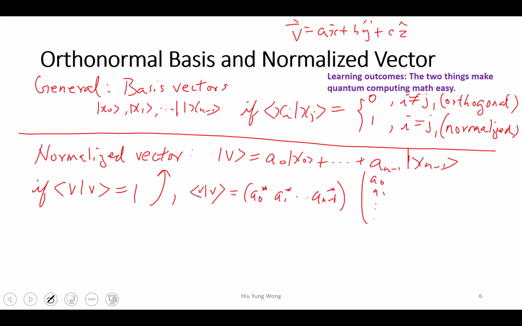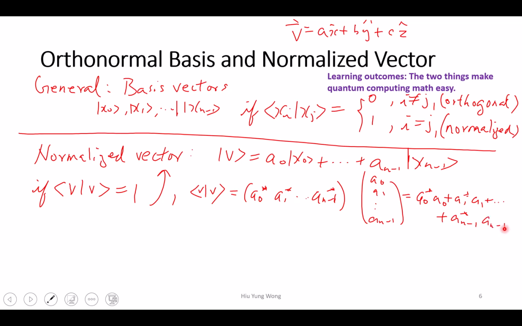This is just a matrix multiplication, and what do we get? a0 star a0 plus a1 star a1 plus all the way to an minus 1 star an minus 1.